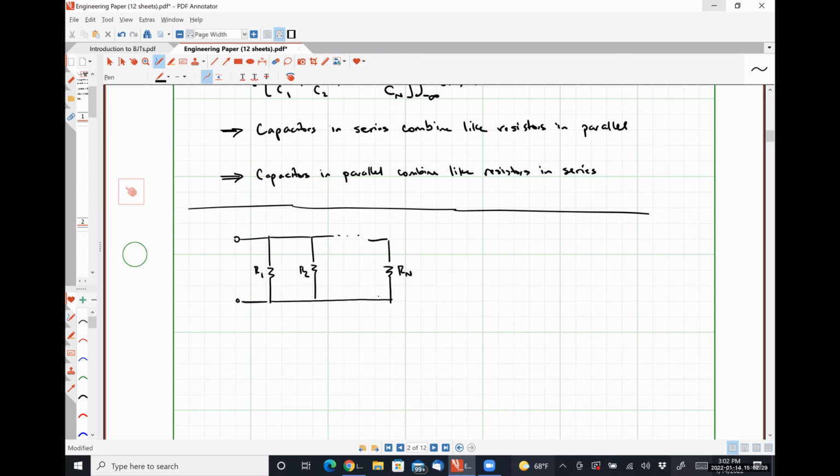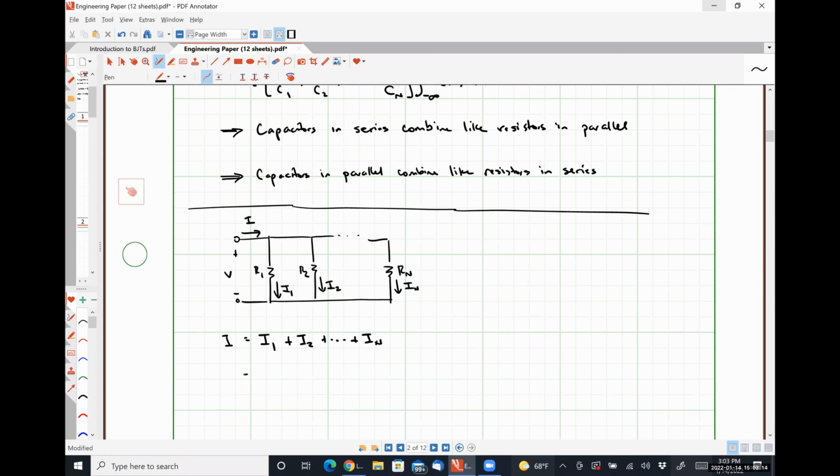This is our current flowing in, let's call it I. Let's not worry about a time dependence here. Let's call the voltage drop over all of these V. The current flowing through resistor R1, let's call it I1. Current flowing through R2, I2. Current flowing through Rn, IN. If we apply Kirchhoff's current law here, we find that I is equal to I1 plus I2 plus I sub n.